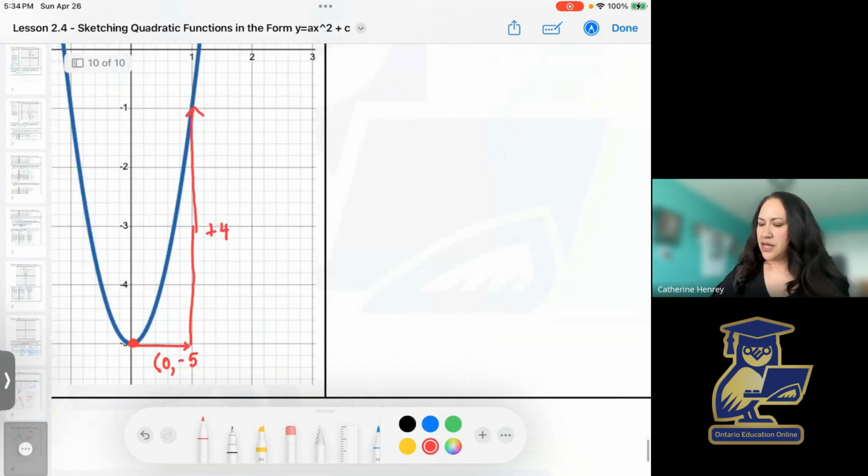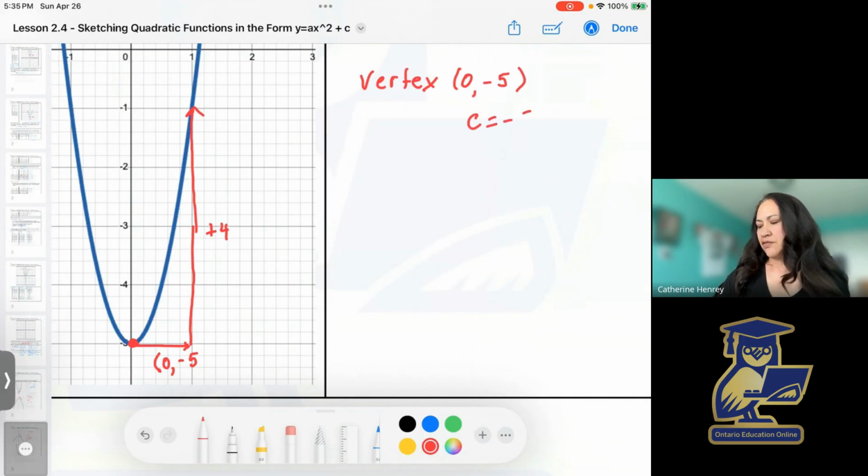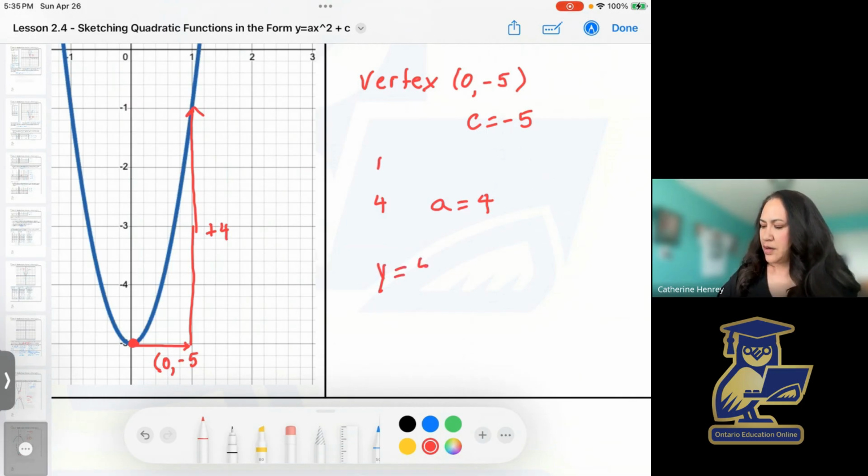So since our vertex is at 0, -5, then the c value is -5 of our function. And since the step pattern here is 4, and the first step of the parent function is 1, then our a value is 4. So our function is going to be y equals 4x squared minus 5.